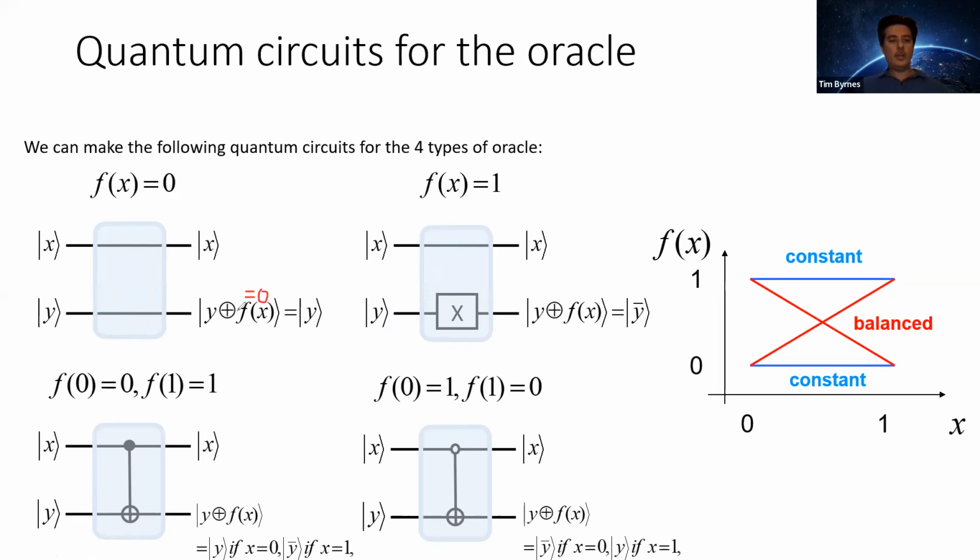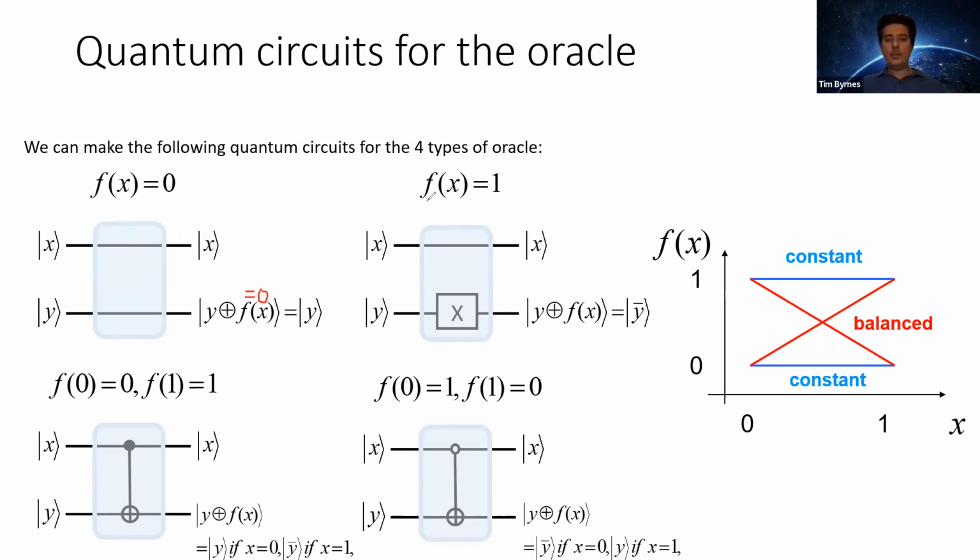So in other words, in this circuit, the inputs are x and y as usual. The outputs are x and y. How we would actually implement this circuit is by just having 2 y's here. So what this is showing you is how you literally implement this oracle.